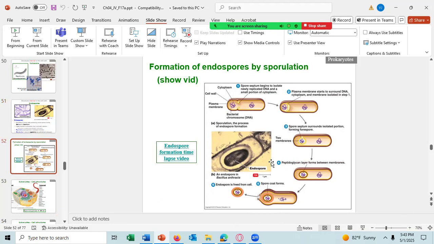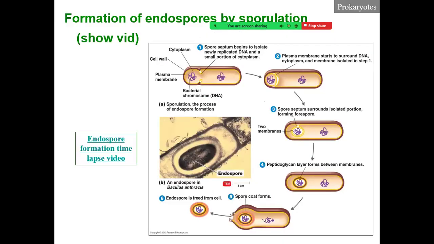All right, let's take a look at endospore formation. Let me blow this up. So endospore formation begins by the cell replicating its DNA. One DNA molecule moves to one side of the cell, the other to the other side of the cell, and then the cell begins dividing. But it doesn't divide as the bacterial cell normally does.